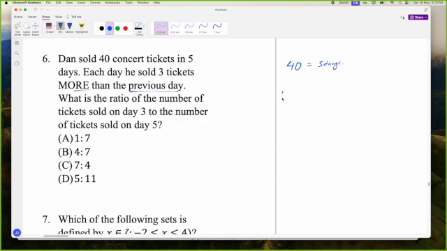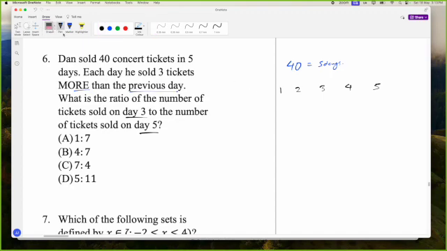So let me count it like this: the first day, the second day, the third day, the fourth day, and the fifth day. What is the ratio of the number of tickets sold on the third day to the number of tickets sold on the fifth day? Interesting question. This is what Sabira would refer to as a beautiful question, right?